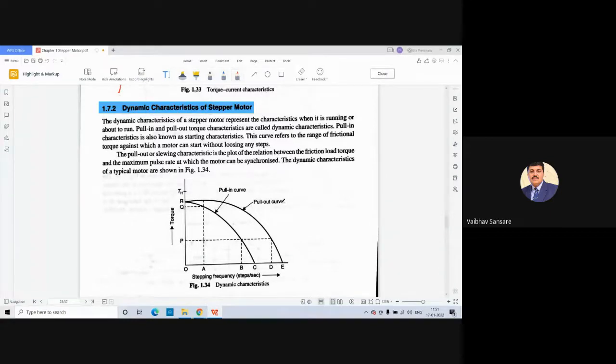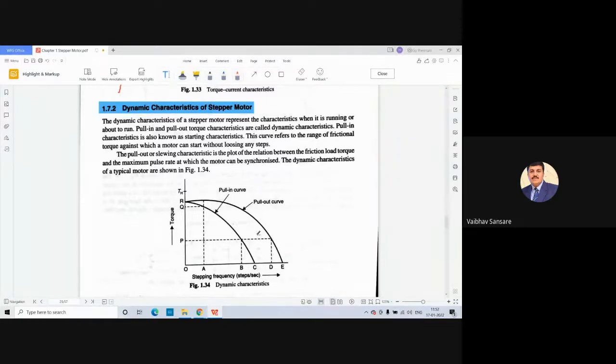These characteristics are plotted between torque and stepping frequency or stepping rate, which is actually the number of steps per second.